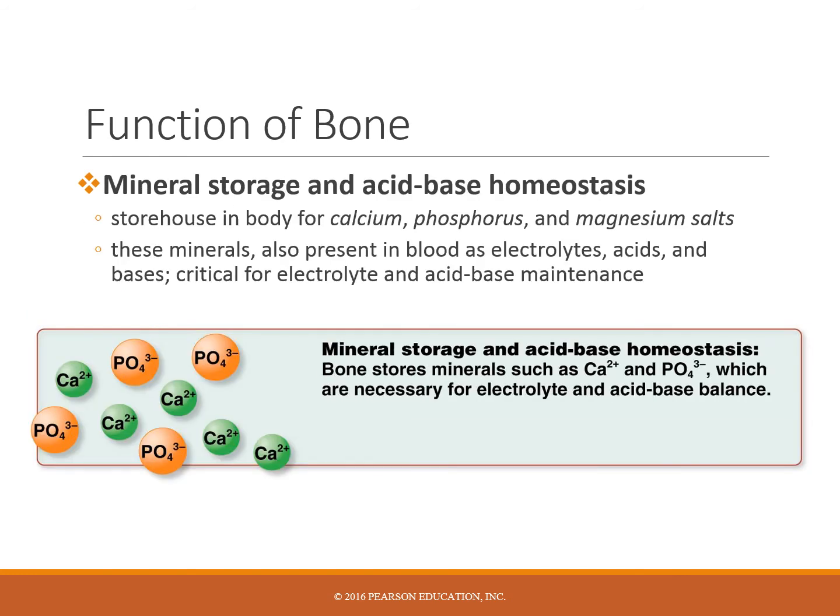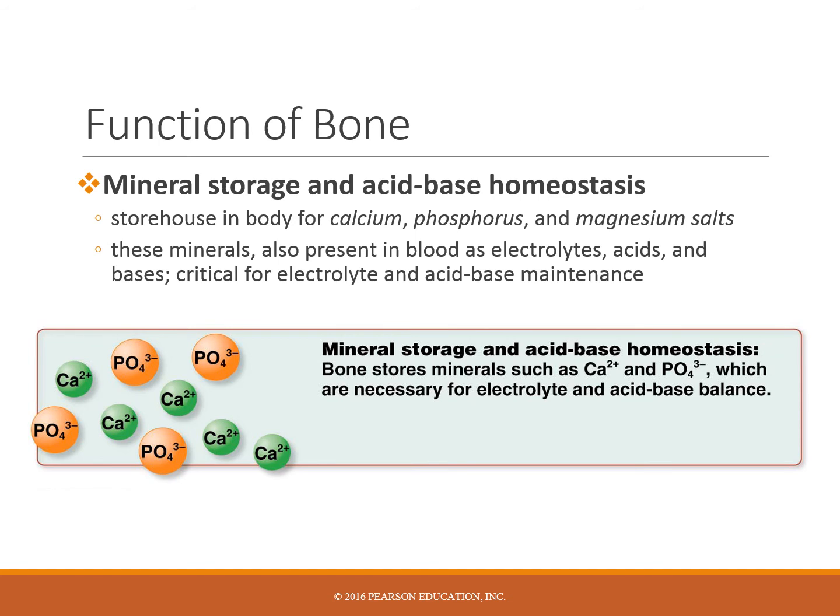For your second function, your bones are important storehouses for minerals and they help maintain your acid-base homeostasis. You see, your bones are a major storehouse for electrolytes in your body, things like calcium, phosphorus, and magnesium salts. These minerals, which are also present in your blood, by the way, act as electrolytes, acids, and bases. They have a variety of functions.